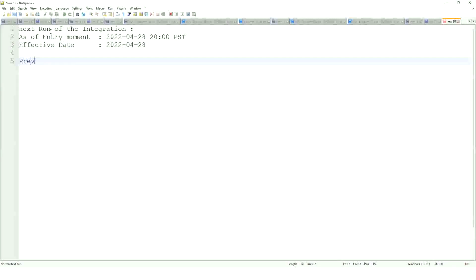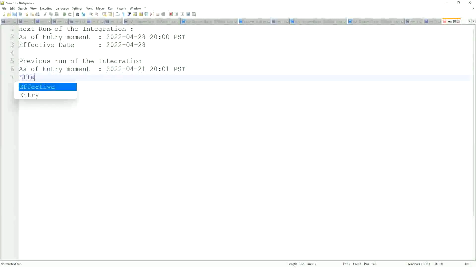Now the last run. In the previous run of the integration, the as of entry moment was 2022, 0421, 2001 PST. So it started at 20:00. It took 1 minute to complete.